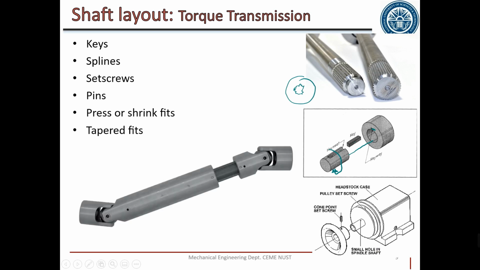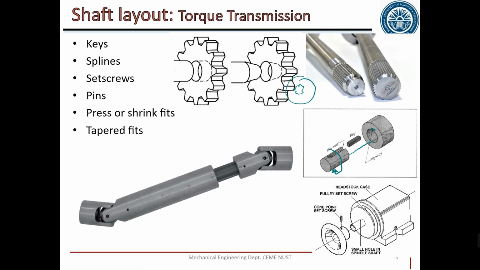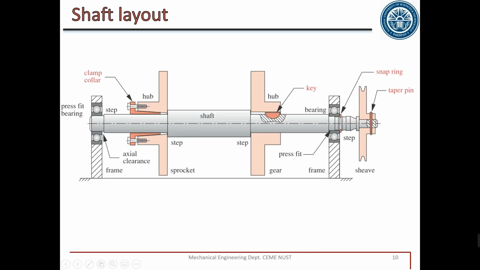We have pins. For example, here we put a pin and turn the pin head on the other side, so this pin will make a joint. We have press fit. We heat the external element, and when we cover the internal element with it and it cools down, it compresses, and due to that compression there is a joint between them. And also we have tapered fit.